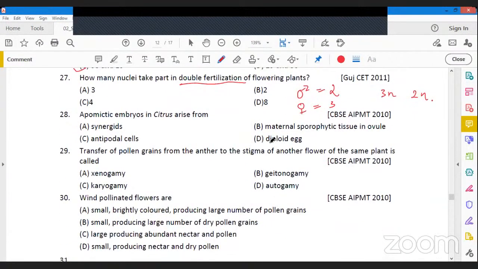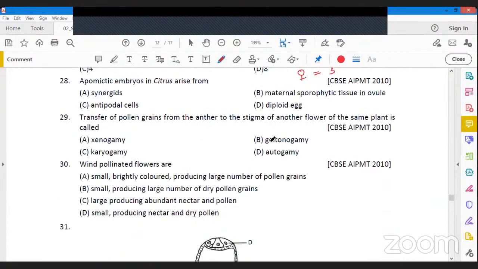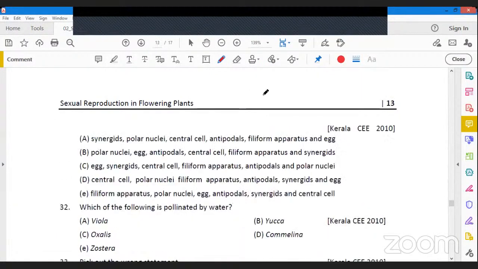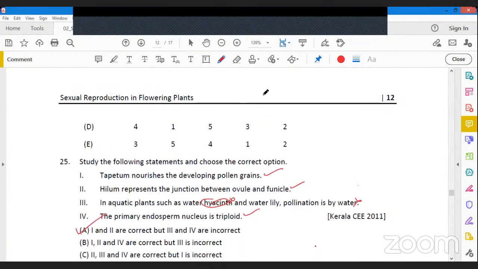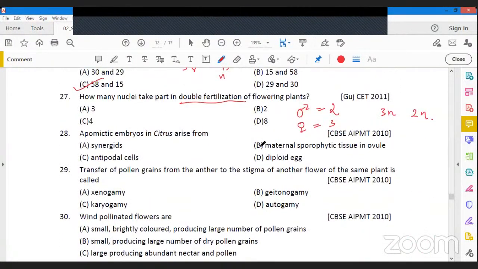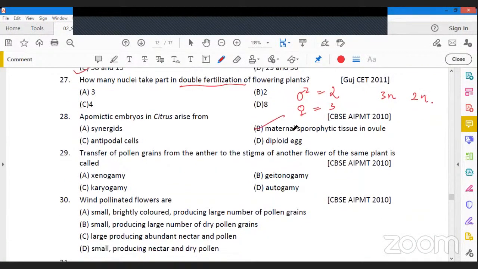Okay, then apomictic embryos of citrus arise from, so they arise from maternal sporophytic tissue in the ovule.